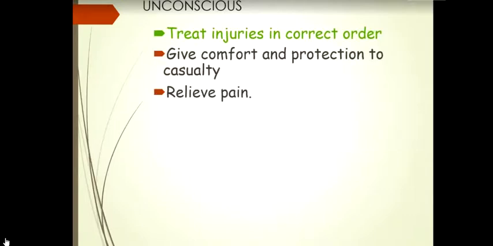How do we promote recovery and protection of the unconscious? One is treat the injuries in a correct order. Start with the most severe. The most serious is what we start with. Give comfort and protection to your casualty or the person who has been involved in a life-threatening situation, and then relieve pain.